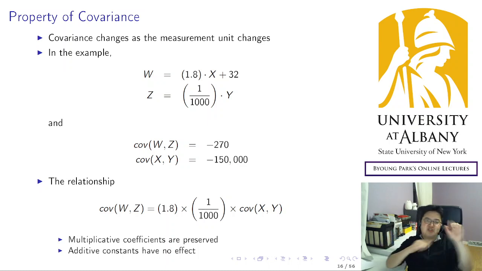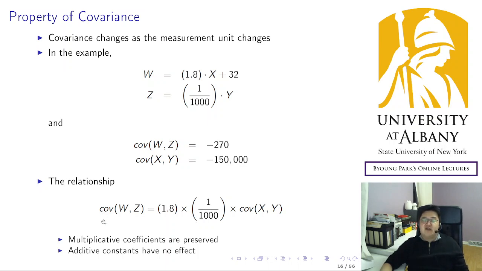A slope change is only affected by multiplications, but not additions or subtractions, right?